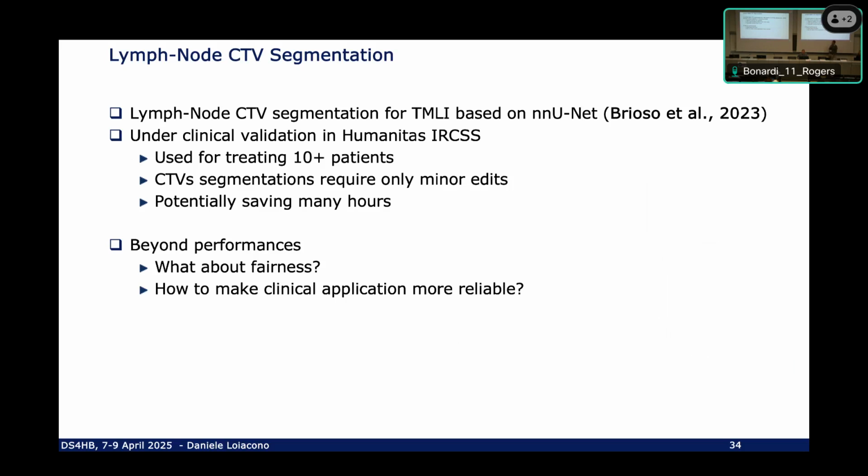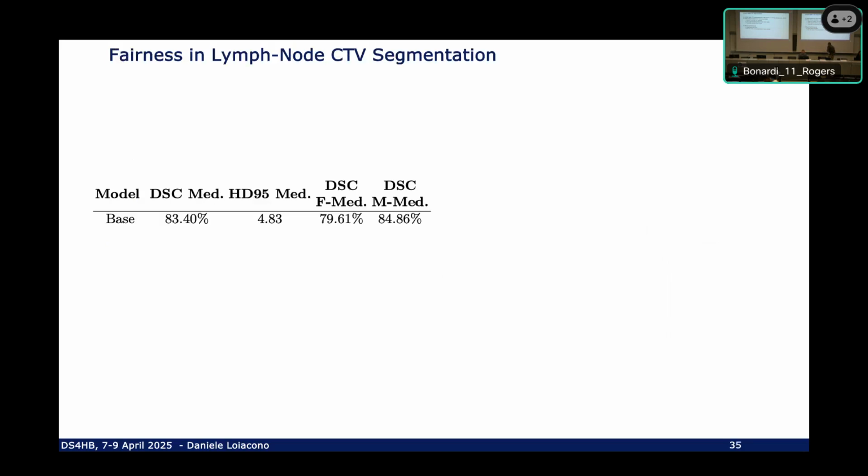In particular, we tried to study some properties of this model that might be critical when we actually use them in the clinical setting. The first one is fairness. While analyzing the quality and the performance of the model, we discovered some unexpected results in terms of performance of the model on the male population compared to the female population.